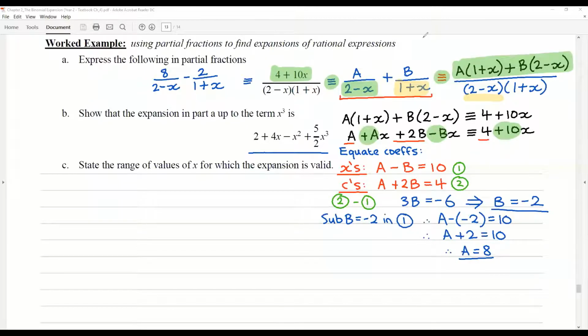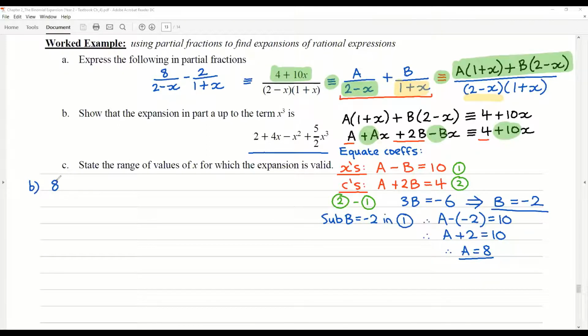So for part B, we need to build up to this expansion. Now, there's going to be quite a lot of work involved in this. So let's just see what we've got. So now, obviously, if we're going to do an expansion, we need to rewrite our partial fractions. So we have 8 over 2 subtract x.